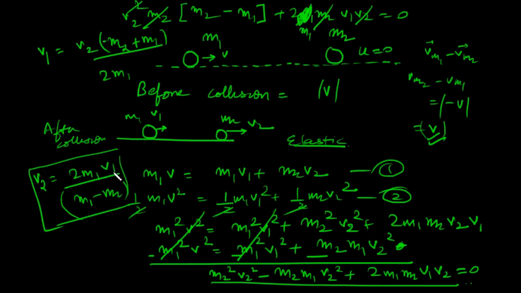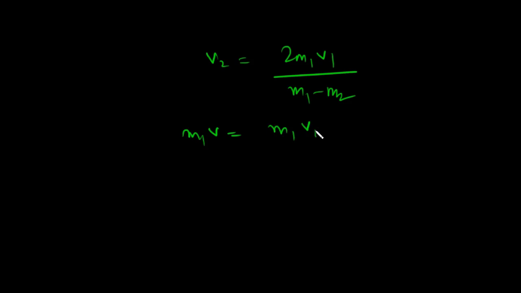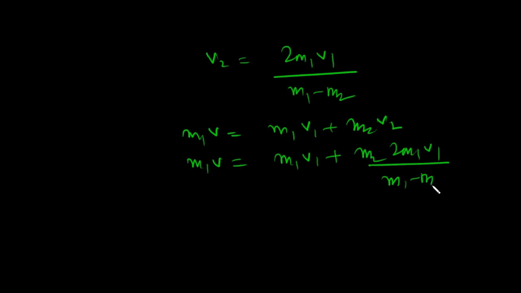So we have v2 equal to 2 m1 v1 upon m1 minus m2, and the first equation was m1 v equal to m1 v1 plus m2 v2. So we substitute the value of v2 over here: m1 v equal to m1 v1 plus m2 times 2 m1 v1 divided by m1 minus m2.